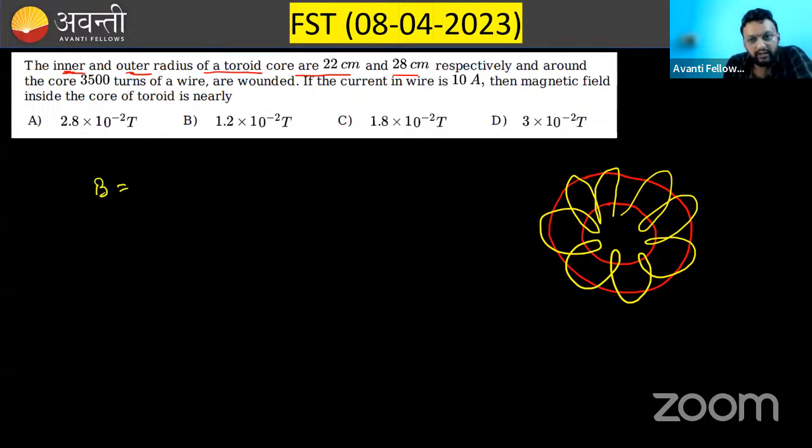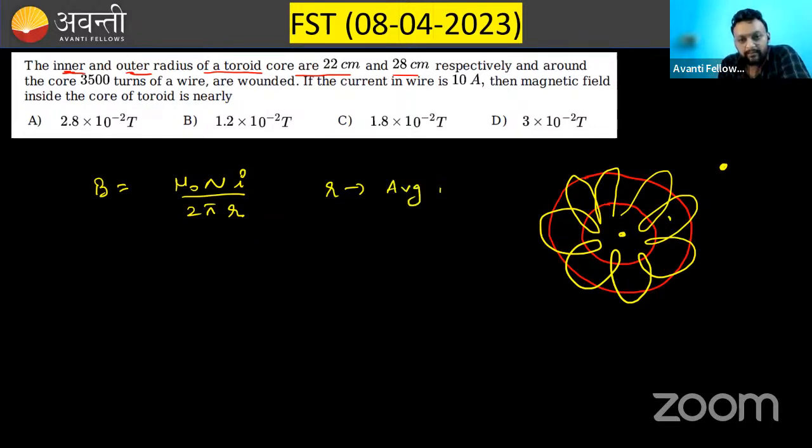The magnetic field for a toroid outside is 0, inside the empty space is 0, but in the coil it is mu naught N i over 2 pi r. In this relation, small r is the average radius.